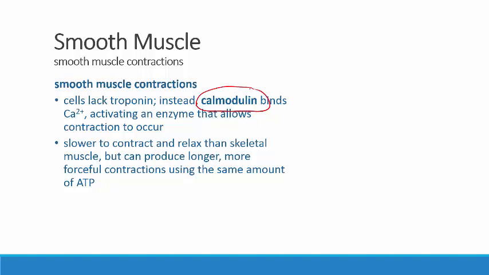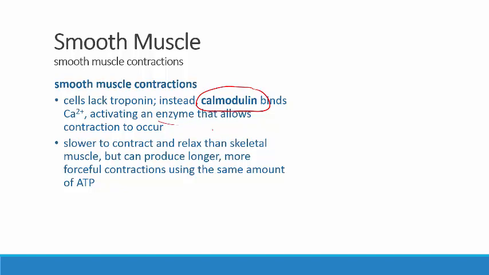The calmodulin binds the calcium as it is released into the interior of the smooth muscle cell, and that activates enzymes that then allow a muscle contraction to occur. So we see a really different pathway for muscle contraction.